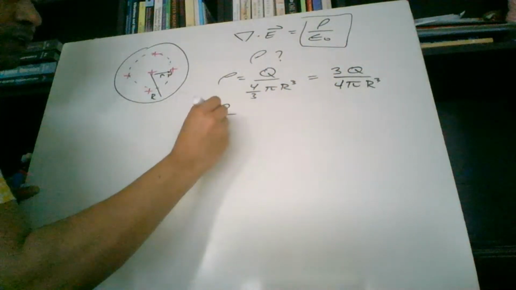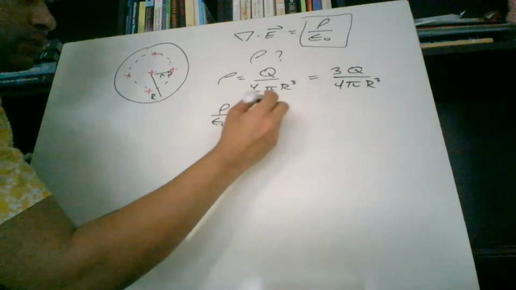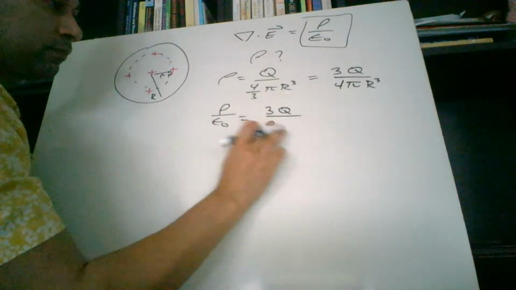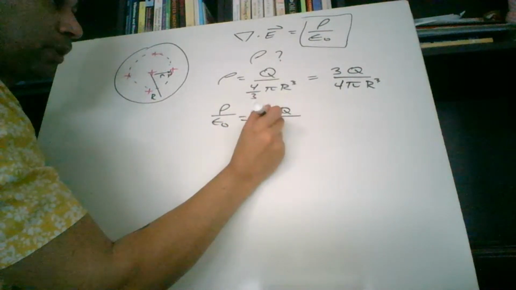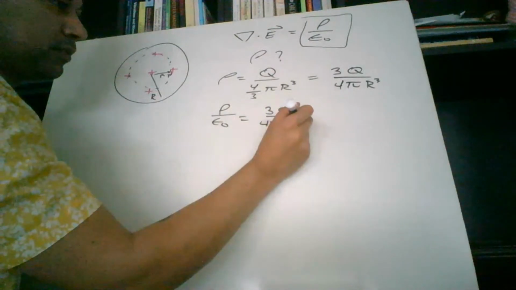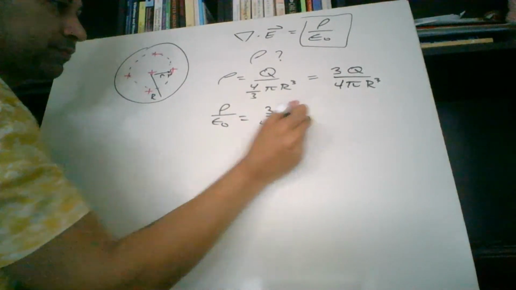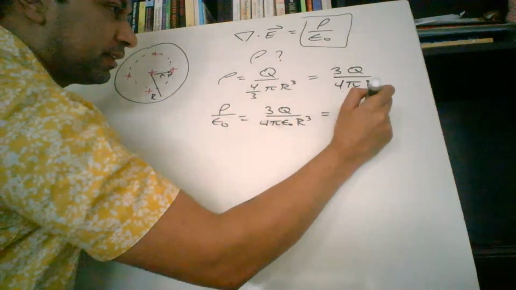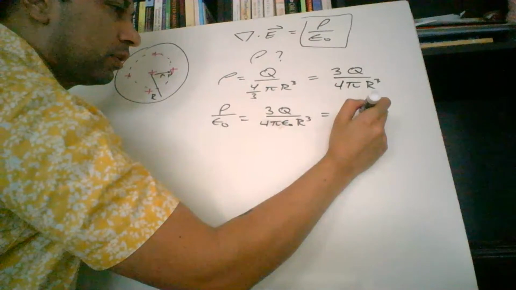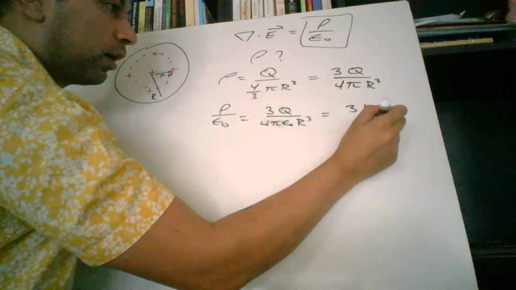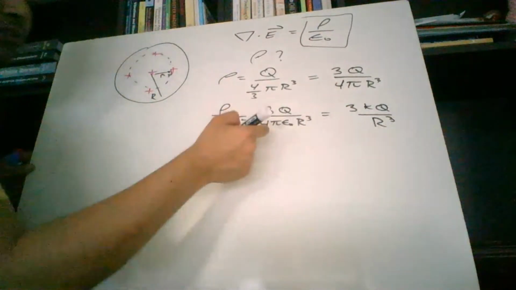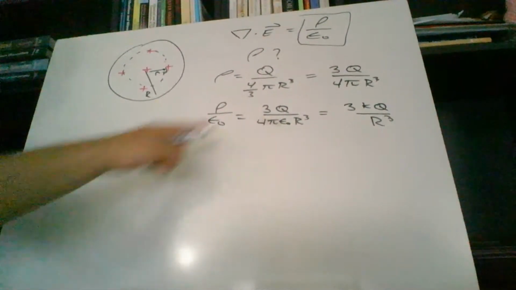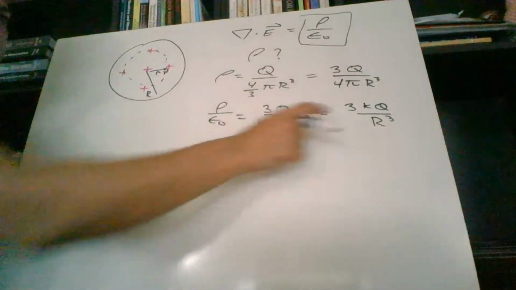So rho over epsilon naught is equal to 3Q over 4 pi epsilon naught R cubed. And if you want, we could simplify it and write it as 3KQ over R cubed. So 1 over 4 pi epsilon naught is K, if you forgot that. So that's what this side of the equation is equal to.